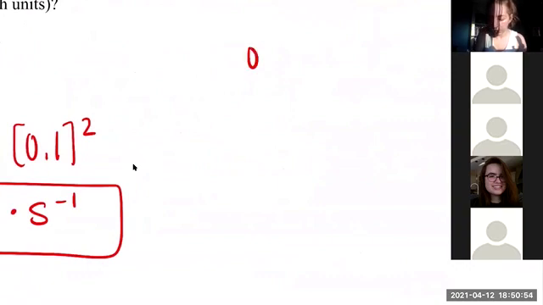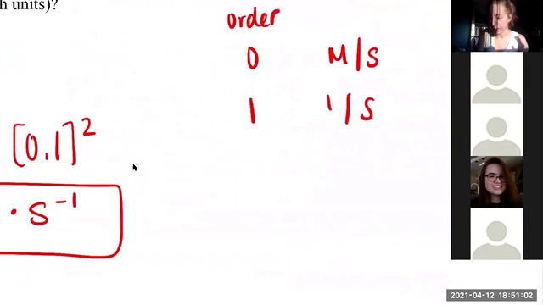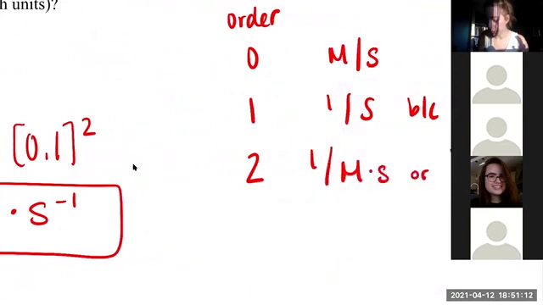So for zero order, it will just be the molarity over seconds. For first order, it'll be 1 over seconds because the molarity is to the zero power. For second order, it'll be 1 over the molarity times the seconds, or molarity to the minus 1, seconds to the minus 1.